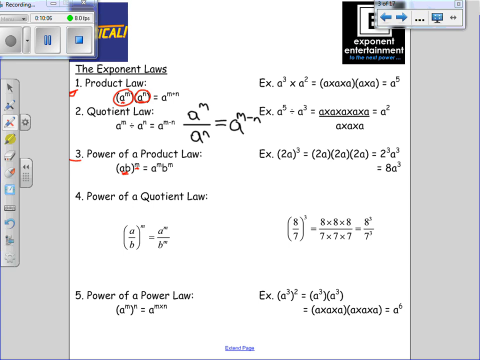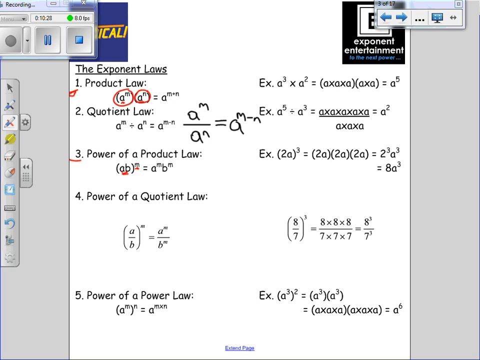Power of a quotient law. This is the exact same thing as power of a product law, except it's division. So you've got two things that are divided by each other to the power of something. That thing can just apply right in.